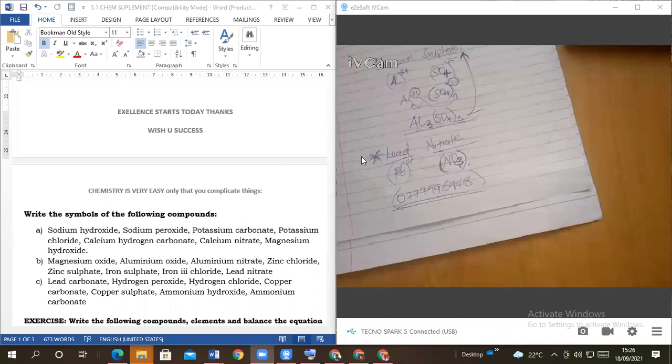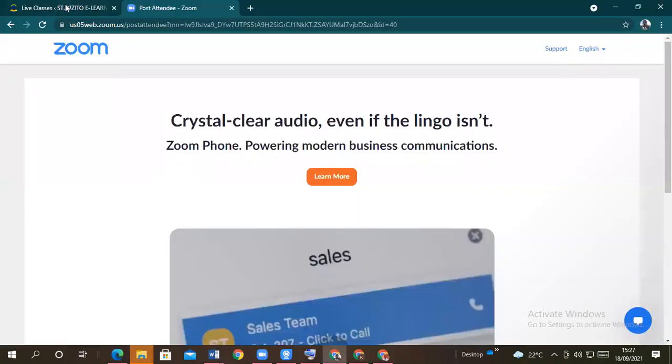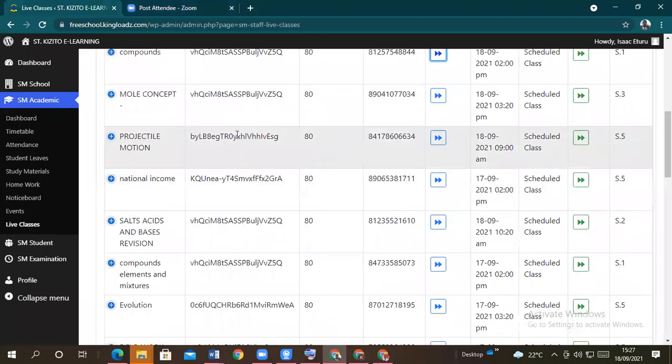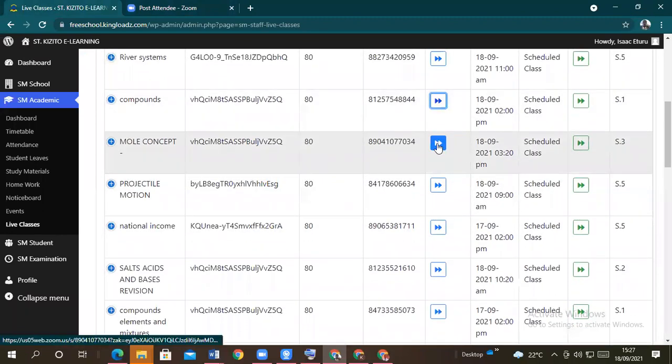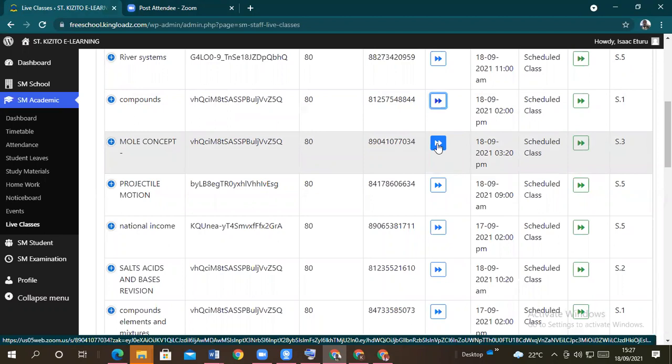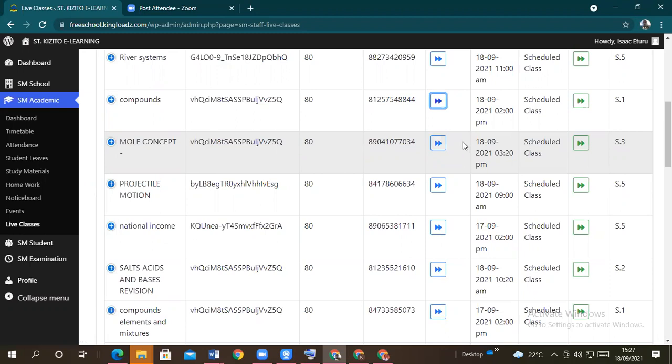PB, so it becomes Pb(NO3)2. They are brackets on NO3. Make sure you use these brackets properly.